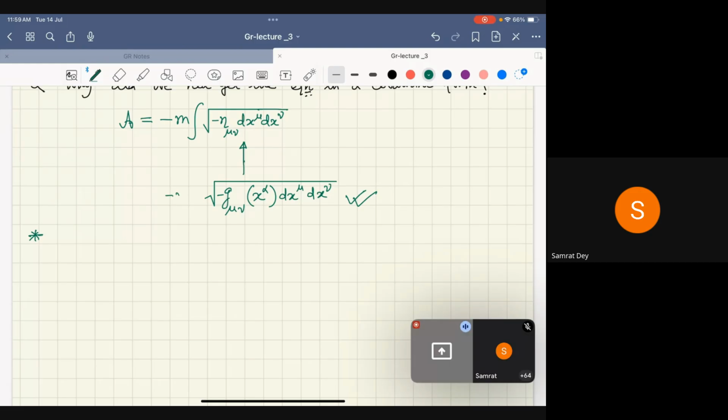So basically the action that we have looked for was this, and maybe we should write it covariant. And this basically gave us the equation.